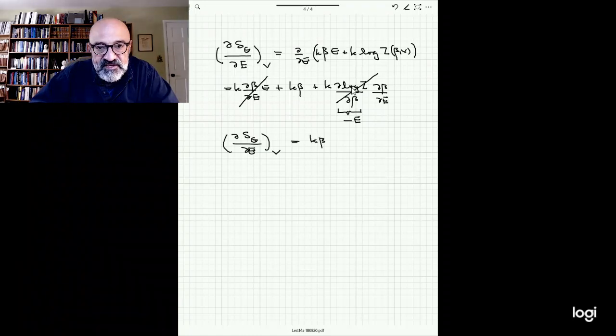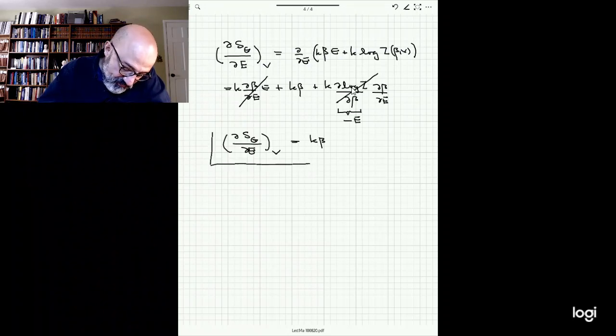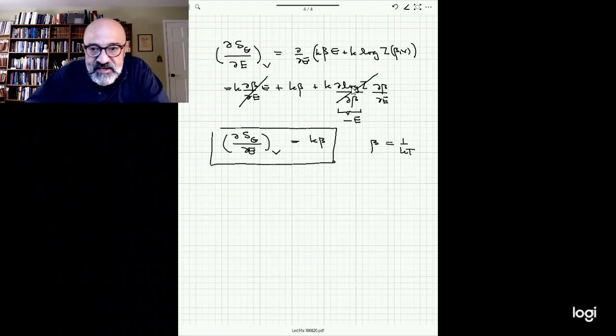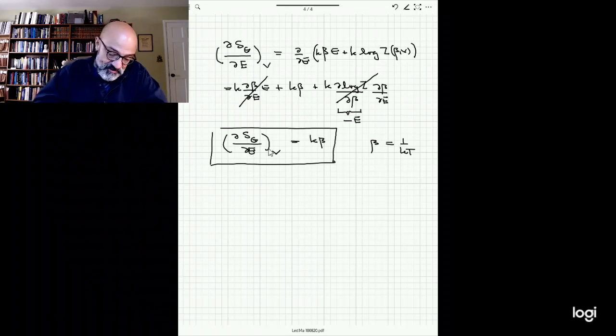Now this already starts being an indication that we want to set beta equal to 1 over KT, because if the Gibbs entropy happens to be the thermodynamical entropy, and this is the internal energy, then this is the connection with temperature. But we do not know that yet. We have to proceed. Right now, we're just writing down the analogous formulas that we would have in thermodynamics.